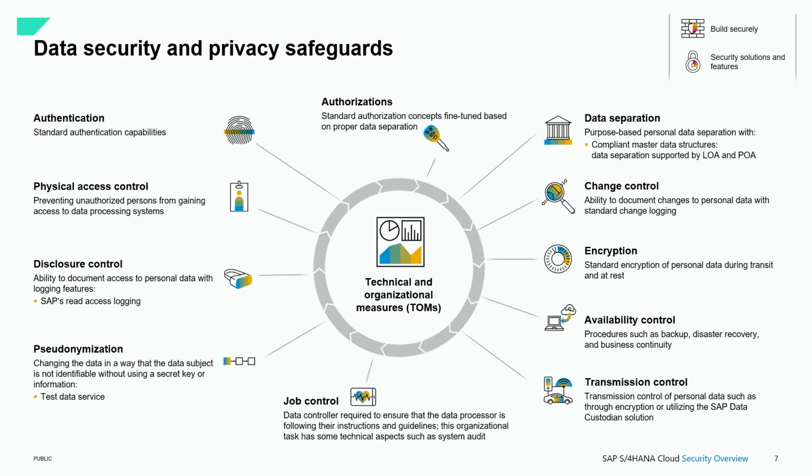Having said that, those measures are available. We offer the tools for our customers to be compliant. It is the responsibility of the customer to also use them in a proper way. In addition to that, we also offer additional features in regards to job control, for example, and physical access control.